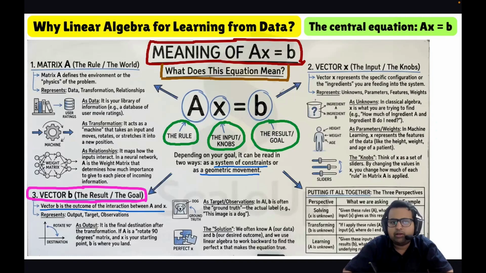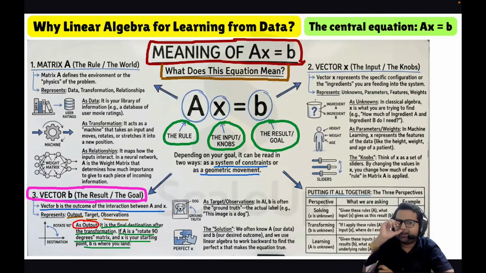It represents the output, the target, the observations. If vector b is representing the output, then it is the final destination after the transformation. Like if A is a rotate 90-degree matrix and x is your starting point, b is where you land.